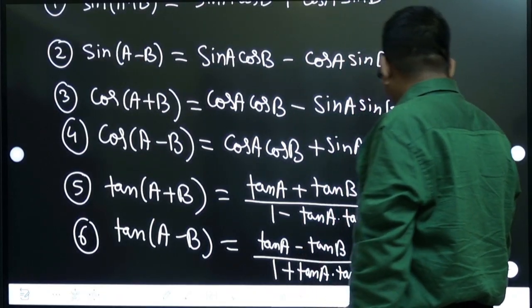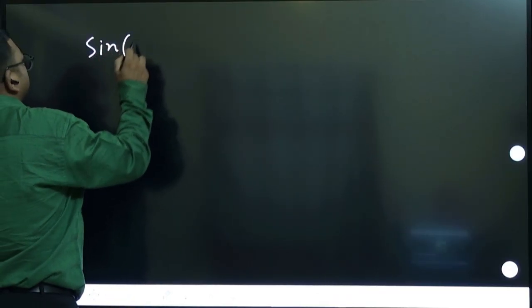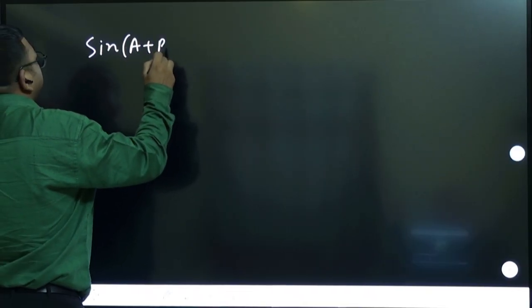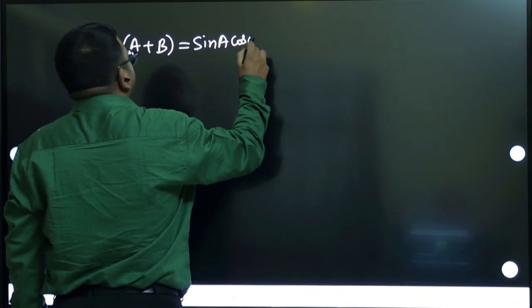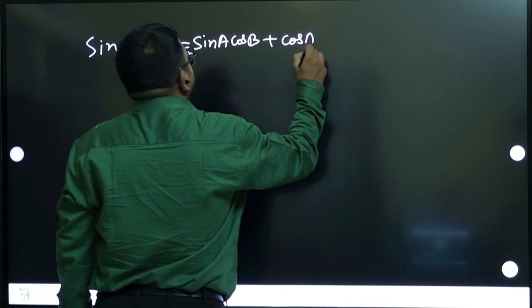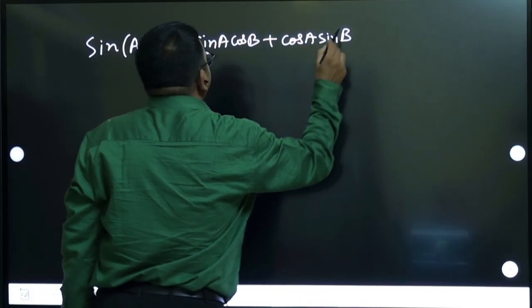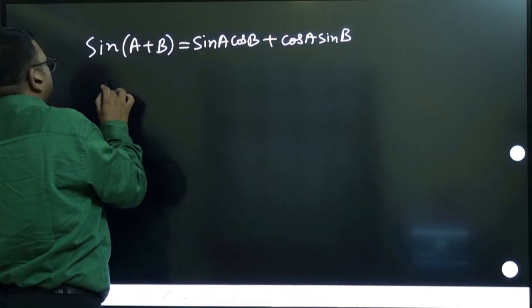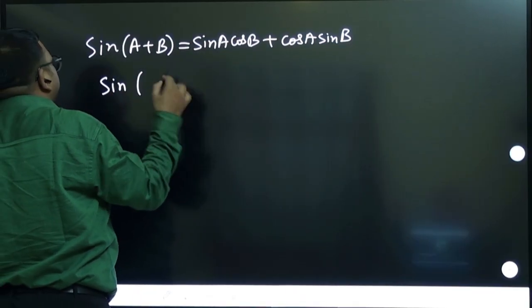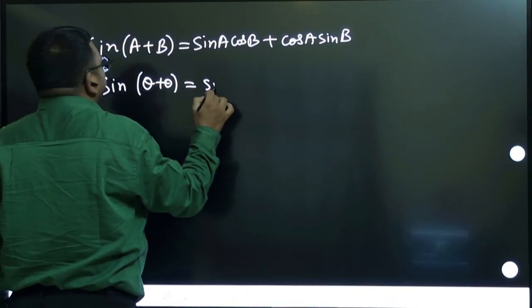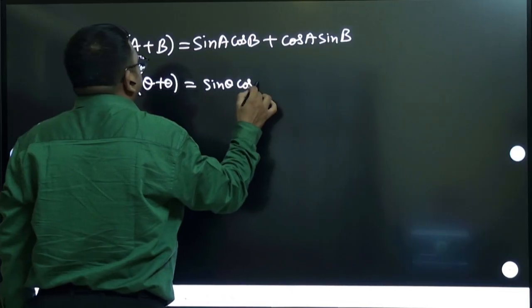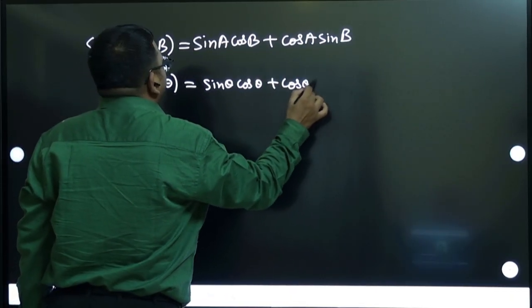Let us take this sin A plus B formula, which is sin A cos B plus cos A sin B. Let us put A and B equal to theta, theta. So that will become sin theta plus theta, which is sin theta cos theta plus cos theta sin theta.